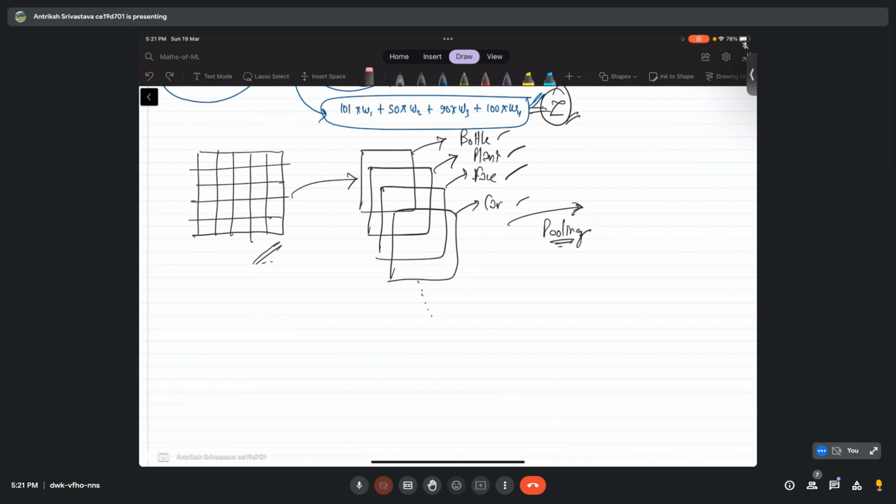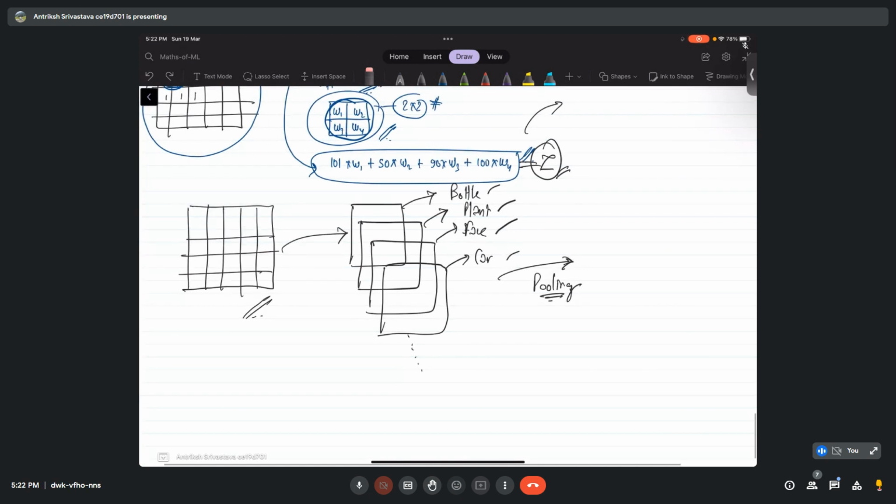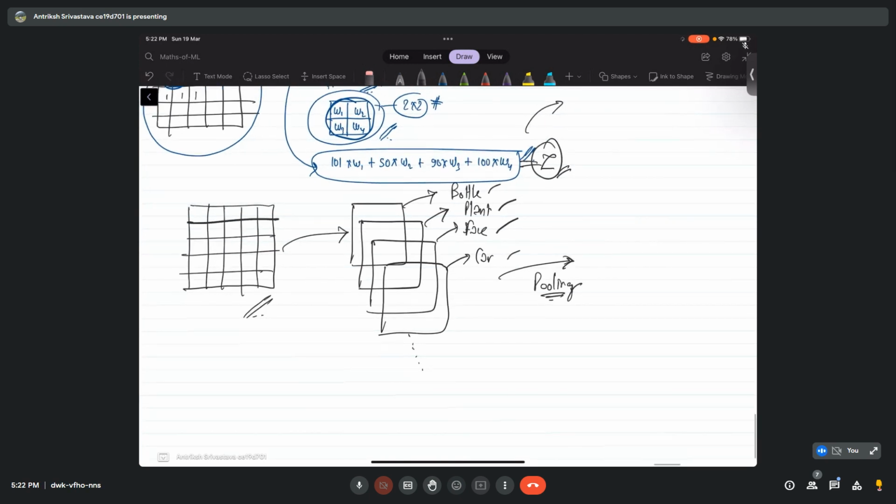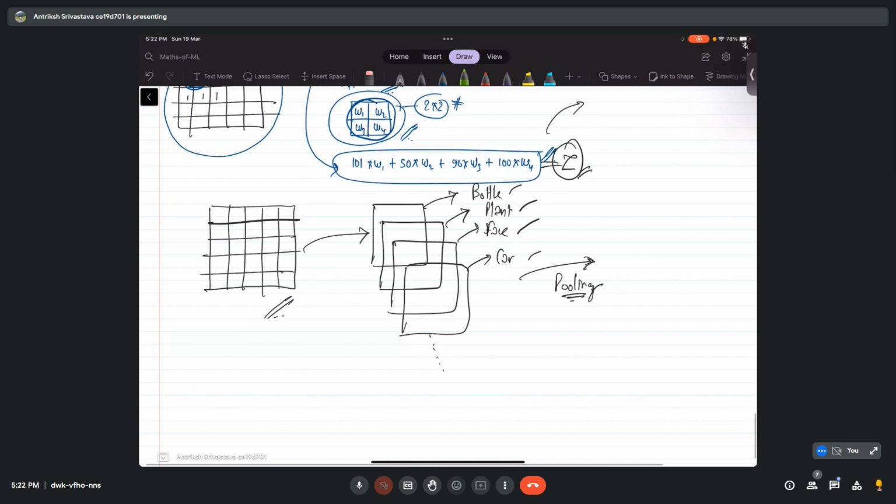Let's say in your image here, even though it is a worst quality image, in these particular pixels you had bottle, and in these 4 pixels you had plant. Okay, let's say this is the case.